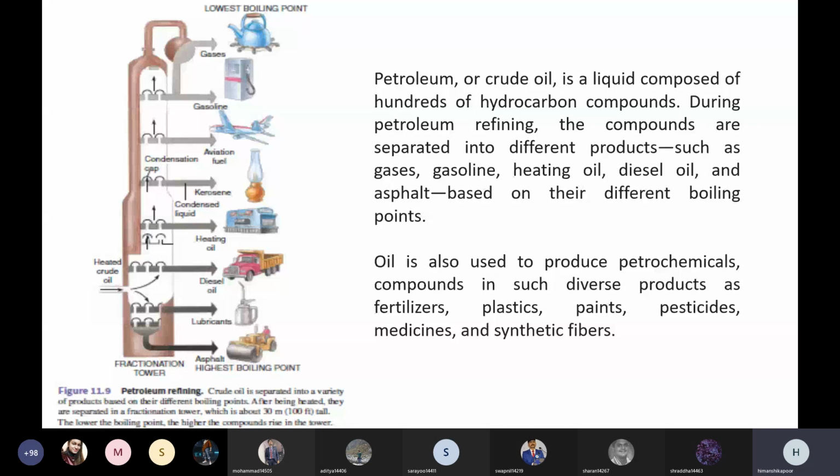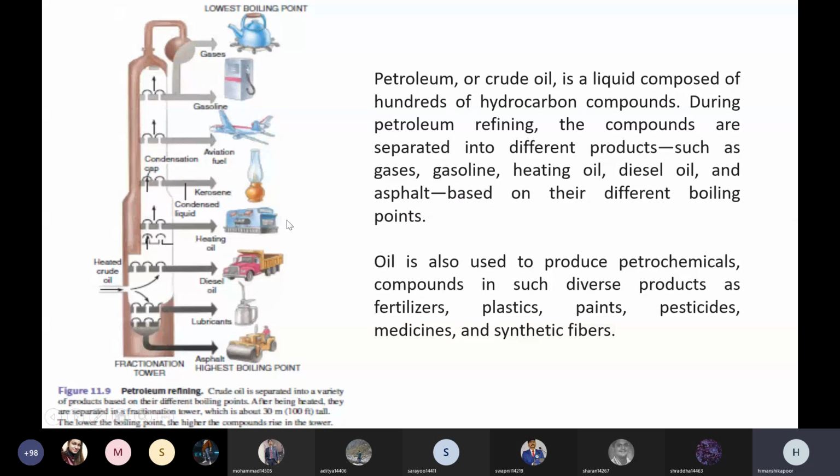You have to refine oil before using it, and this is done in a refinery. I have incorporated a picture of a refinery, and here you are just boiling the crude oil.